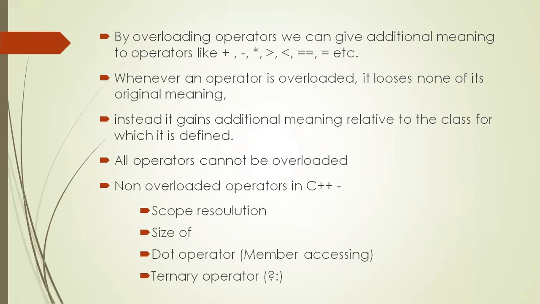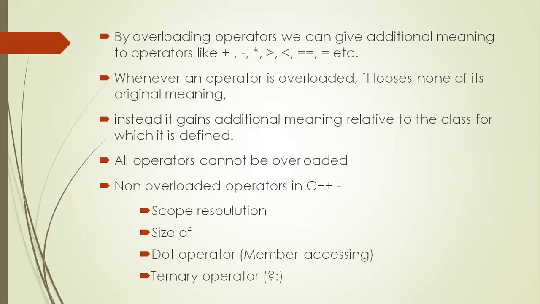So some operators can be overloaded, like plus, minus, star, greater than, less than, equal to. All these operators can be overloaded, but there are certain exceptions. Some operators you cannot overload. Some of the operators which you cannot overload in C++ are the scope resolution operator, sizeof operator, dot operator, and conditional operator.